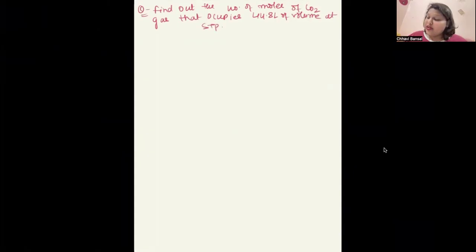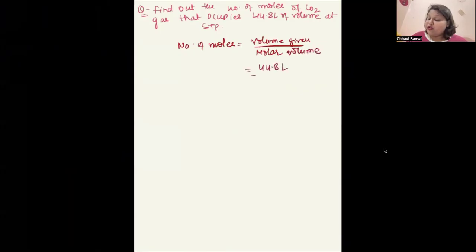Very easy question, very direct question. We have to find the number of moles. So number of moles is volume given by molar volume. So what is the volume given? 44.8 liter. What is the volume of 1 mole? 22.4 liter per mole, which gives us 2. So number of moles is 2 mole.